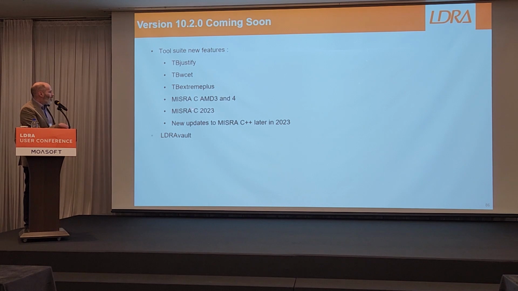MISRA-C 2023 is now out. MISRA C++ update will be coming later this year. We are working with the rest of the MISRA C++ committee on that. And we also have this LDRA Vault capability to enable us to document all of these facilities appropriately for our certification authorities. And it's very exciting for us at LDRA to be able to do these things for you.